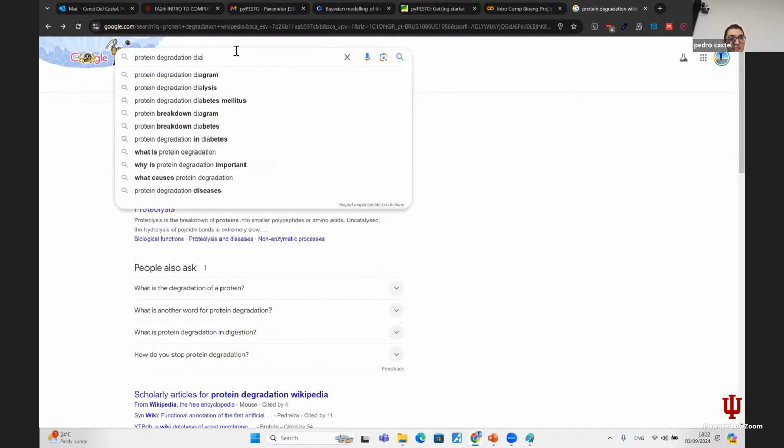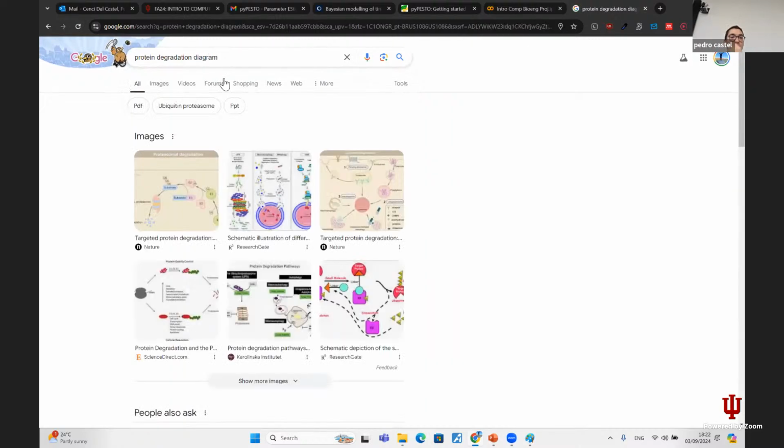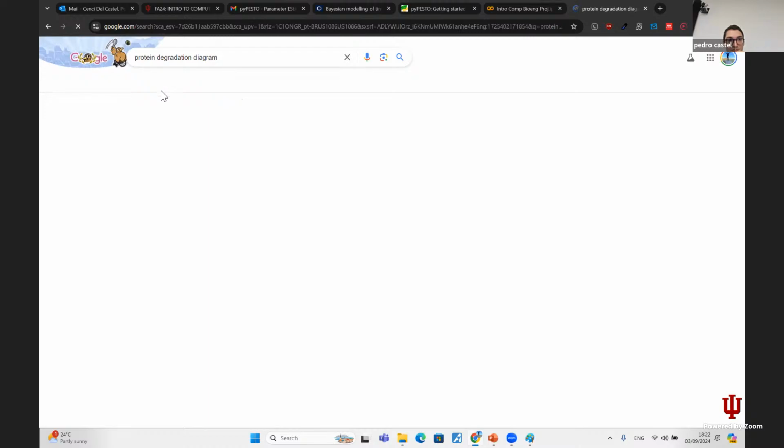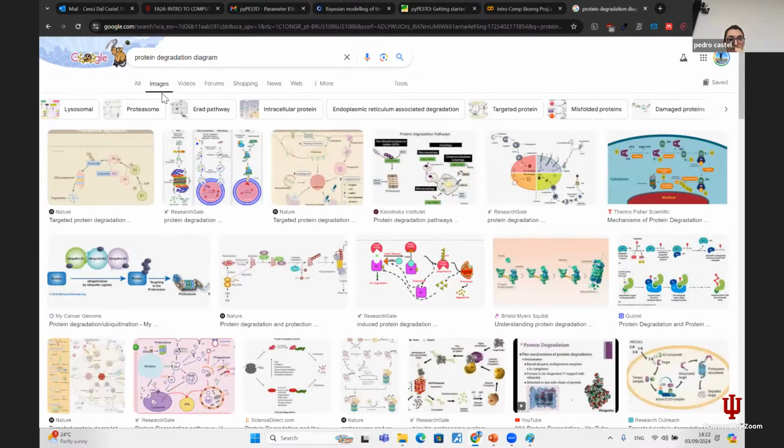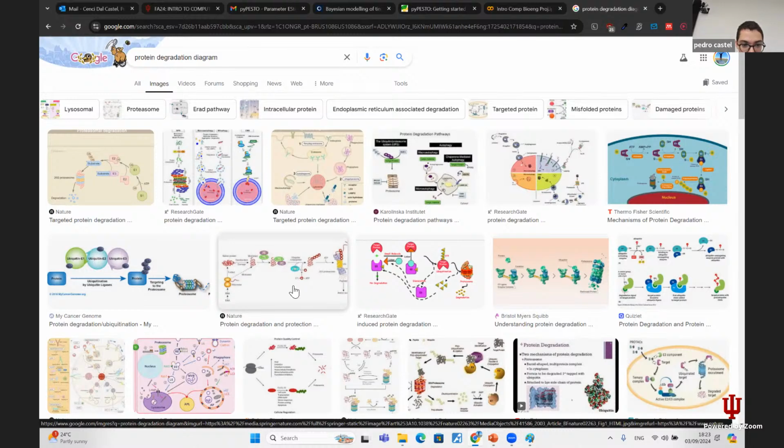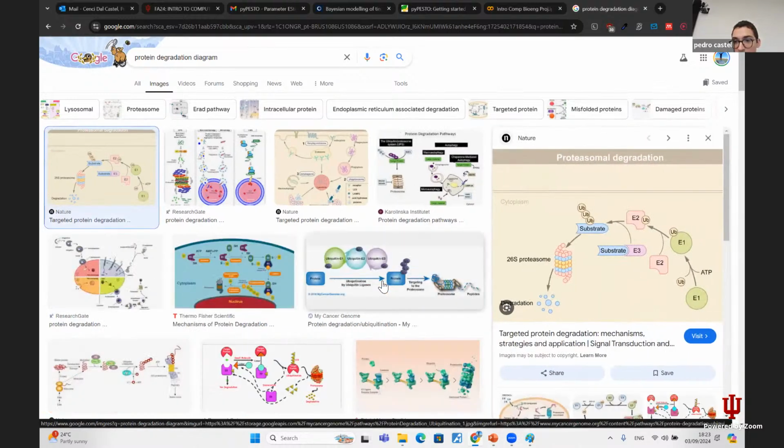So let's take a look at a diagram. Protein degradation diagram. And here we find this one.